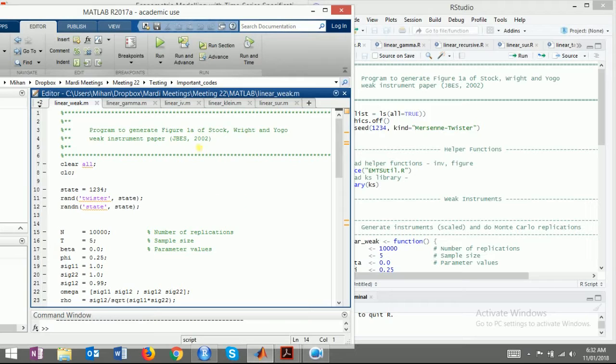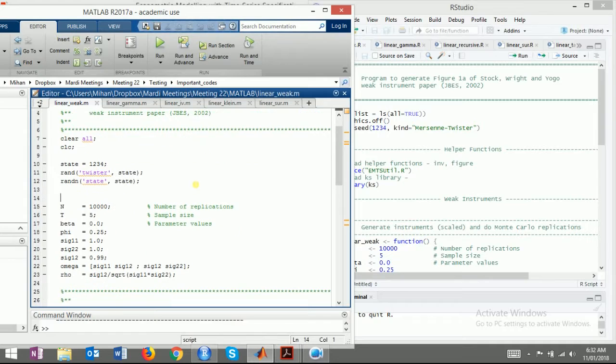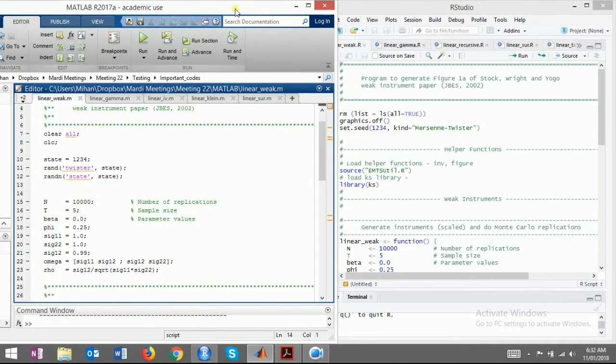Alright, so here is the program to generate figure 1A of the Stock and Yogo weak instrument paper. The first thing is to clear the screen, as we already know.